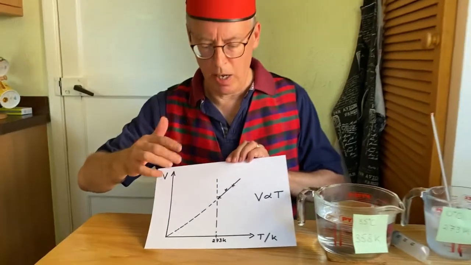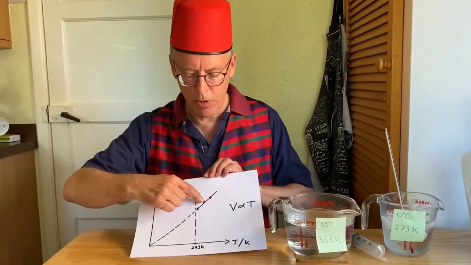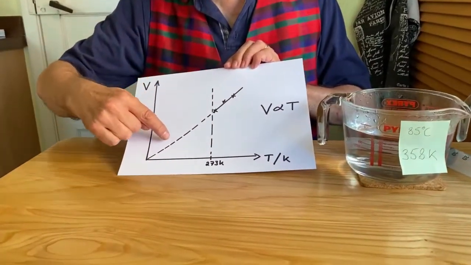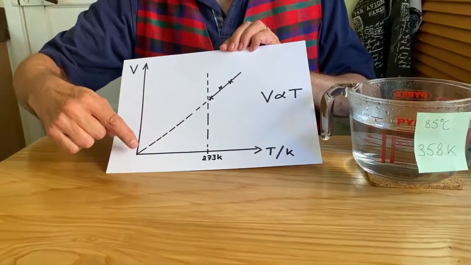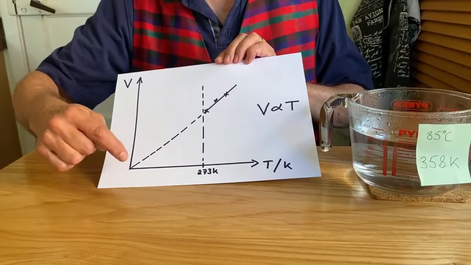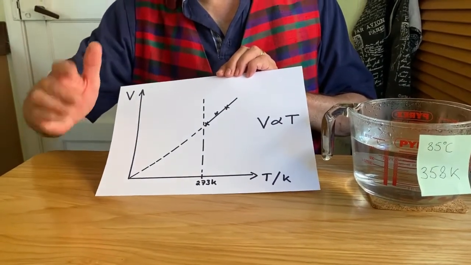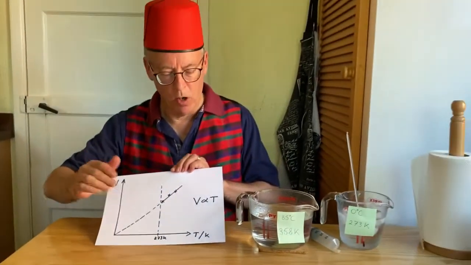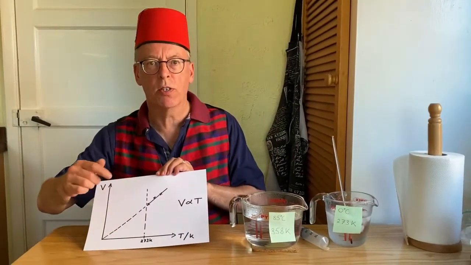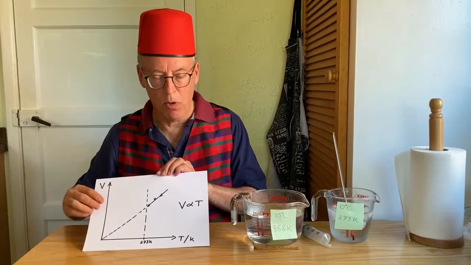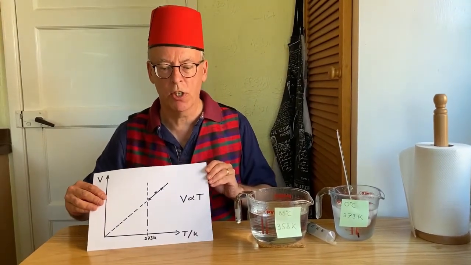Now, if we're lucky, we can take those points and extrapolate back to absolute zero, if we're lucky, on a good day. So, volume is directly proportional to the absolute temperature, Charles' law.